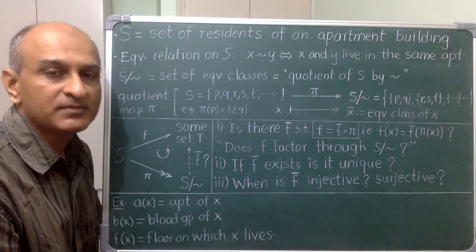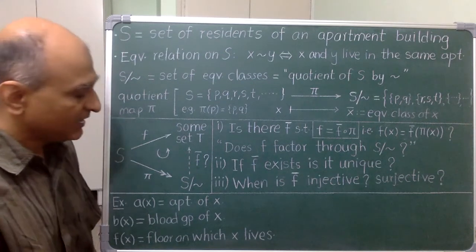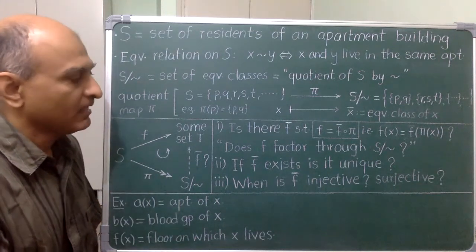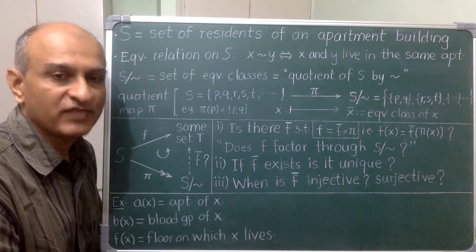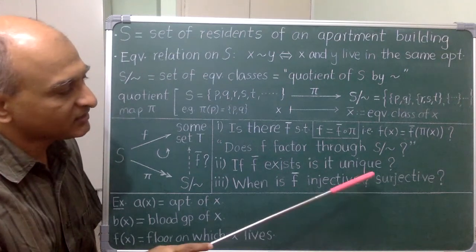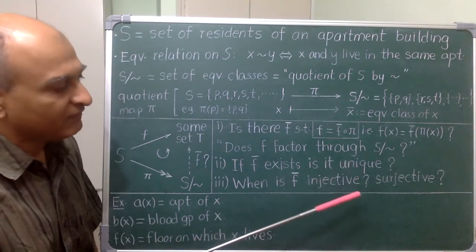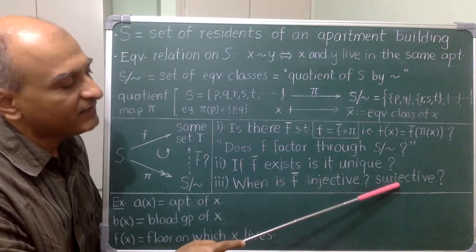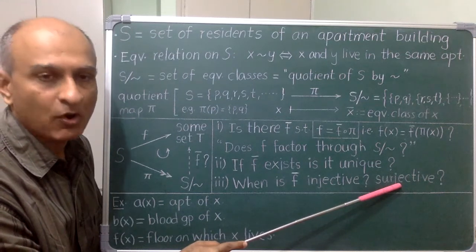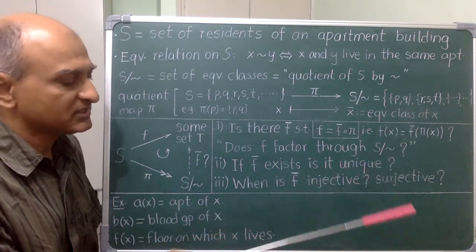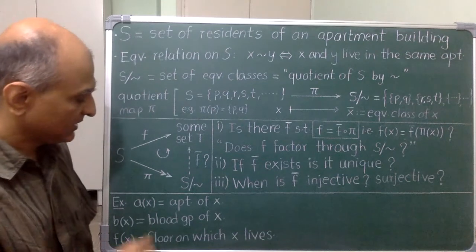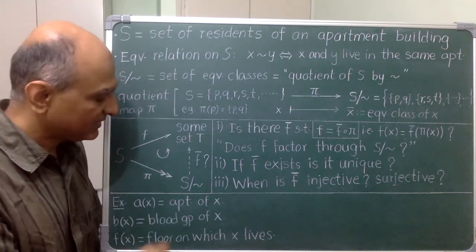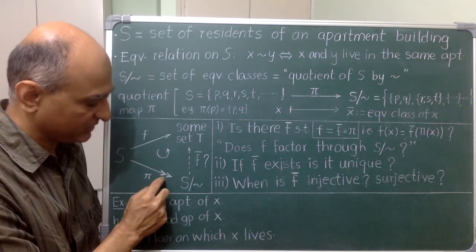Such factoring problems are quite common in mathematics, even when this need not be a quotient map. After asking about existence of f bar, I can also ask whether it is unique, when f bar is injective, which means one to one, and when f bar is surjective, which means onto. For such questions, it is useful to keep in mind that the quotient map pi itself is an onto map, which is indicated by means of this double arrow notation.